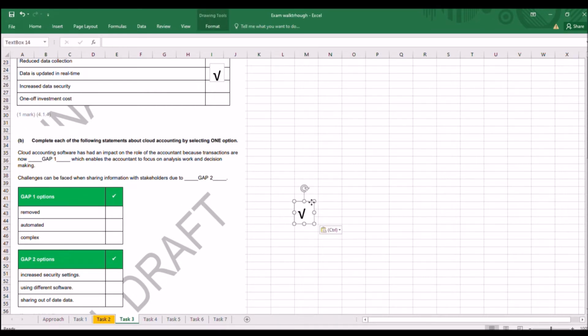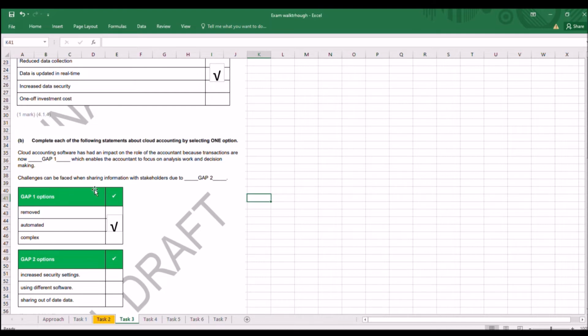Can't really say that's an advantage of the cloud versus anything else. You could hold a whole series of different things here. You could say machine learning or what have you. So, okay, we know it's automated because of the second part of the sentence, not necessarily because we're relating to the cloud.